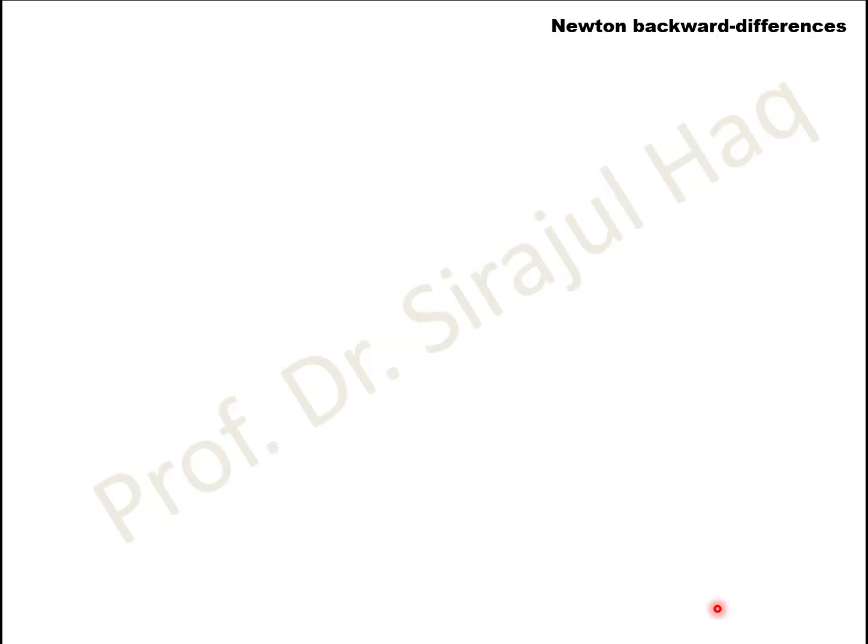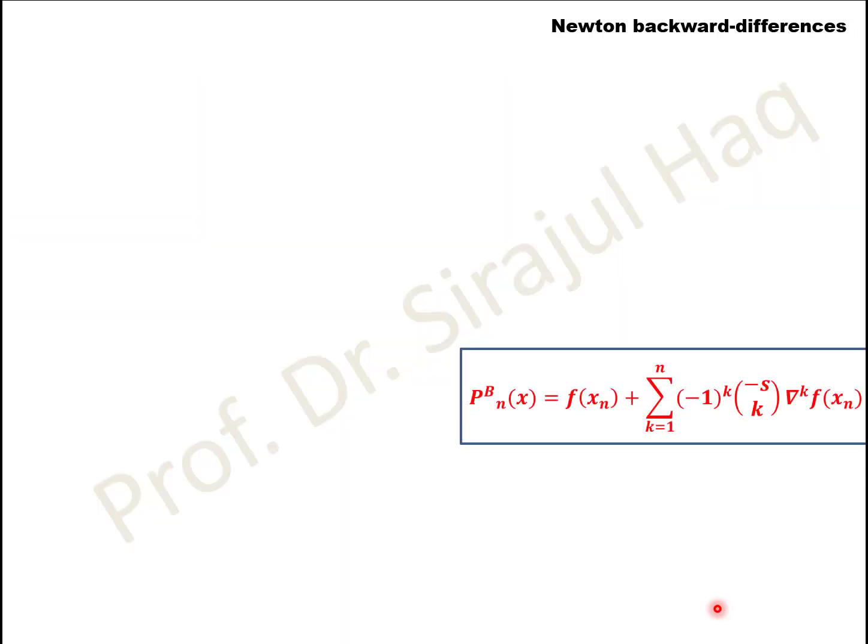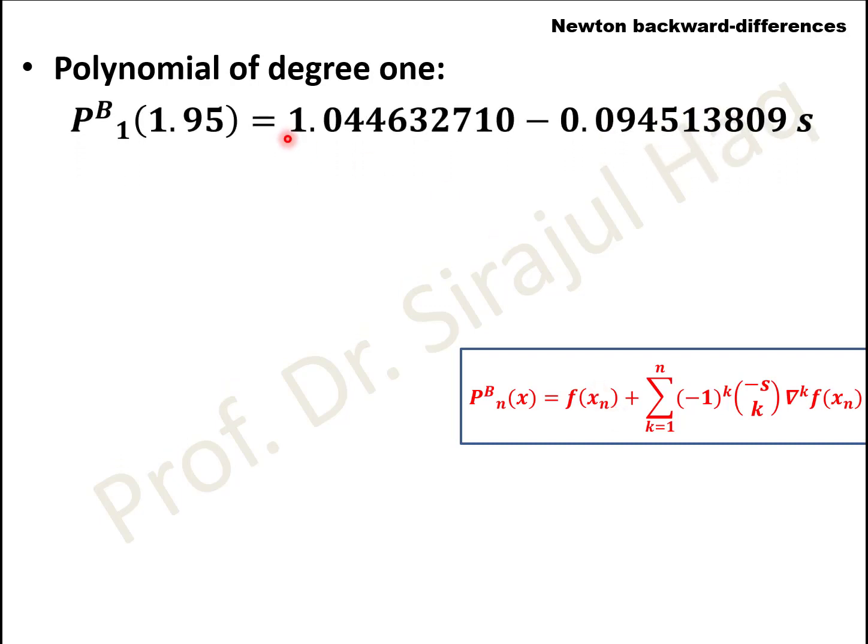So now let's go to the formula. Polynomial of degree 1. It means, remember this xn is x5 for this particular problem. f of x5, which is clear from your table, plus n is equal to 1, k starting from 1 up to 1, minus 1 raised to the power 1 is minus 1, minus s1 is minus s, so minus and minus will become plus.